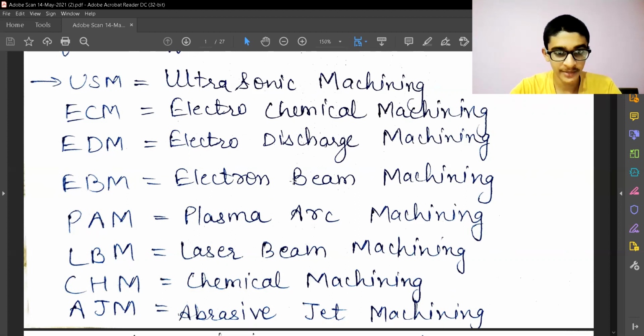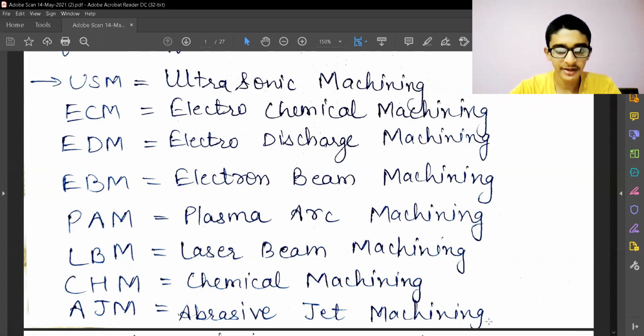That's the meaning of electron beam. Then we have plasma arc, which is very similar to electron beam, but here the beam is not of electrons, it is of some ions. Then we have laser beam machining, chemical machining, and abrasive jet machining.